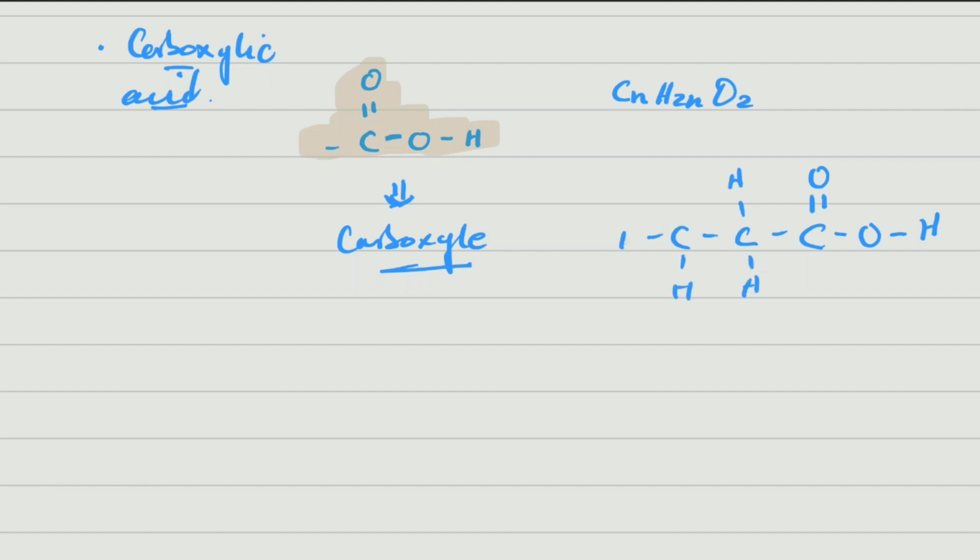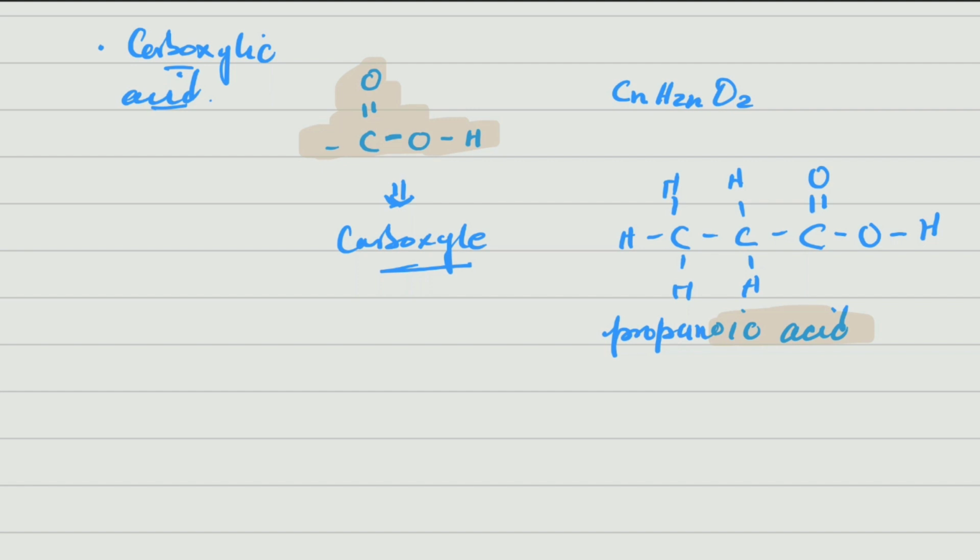It must have 4 bonds, okay, cannot be less, cannot be more. And this one will be propanoic acid. As you can see, it ends in -oic acid here. This is one carboxylic acid.